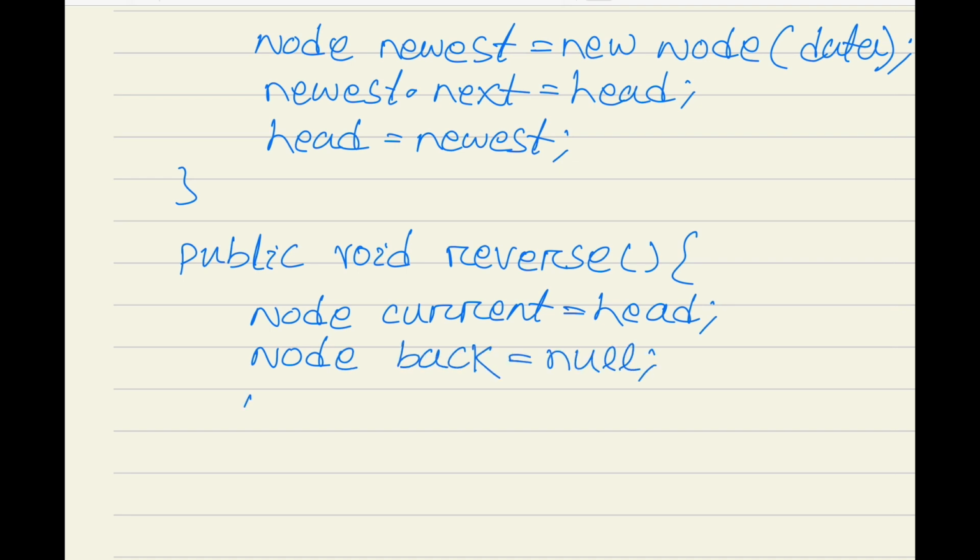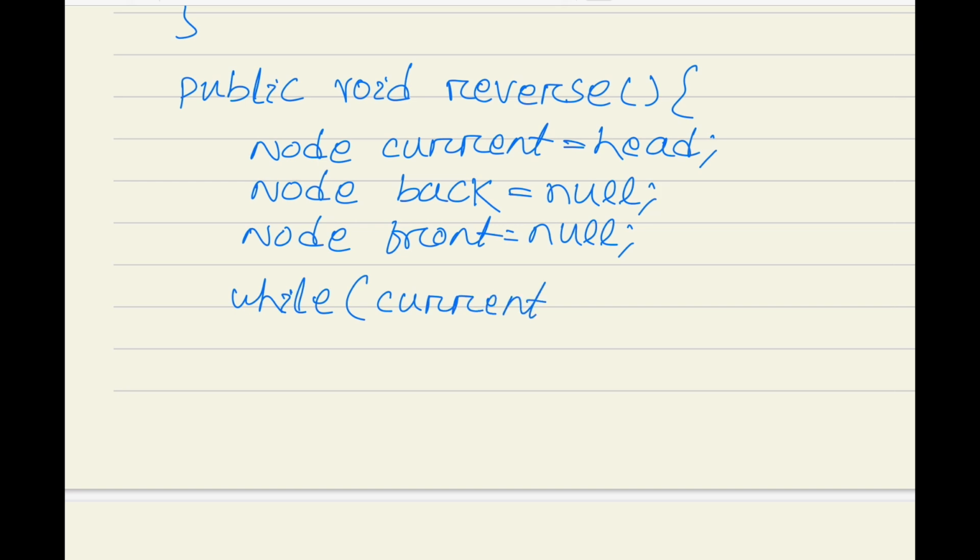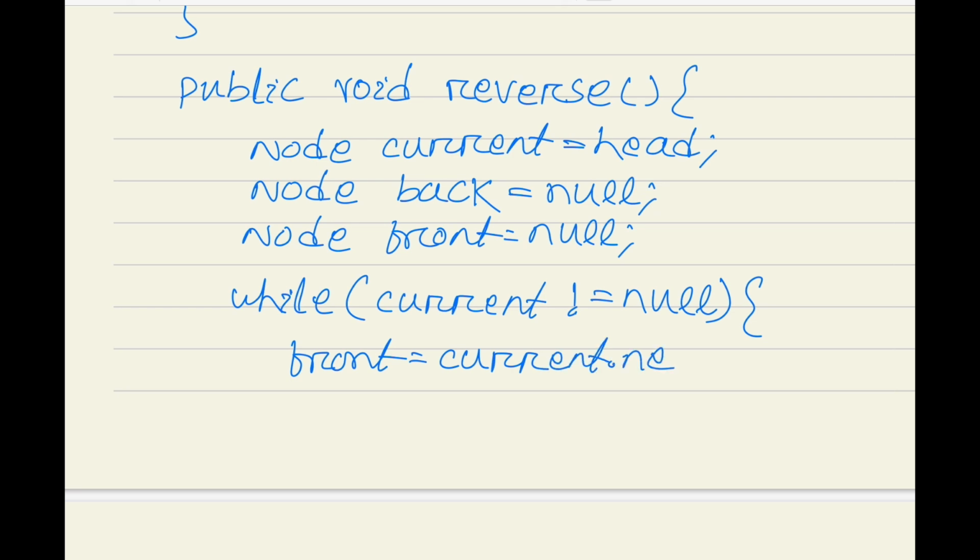So initially both back and front are null. Okay, now we can use a loop. So while current not equal to null, we can write front equal to current dot next.